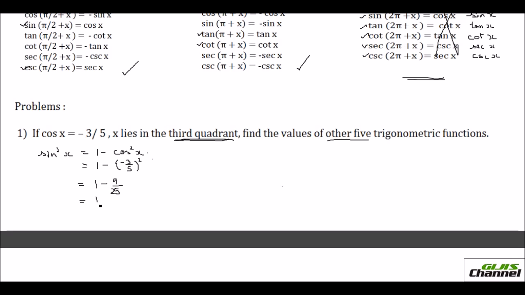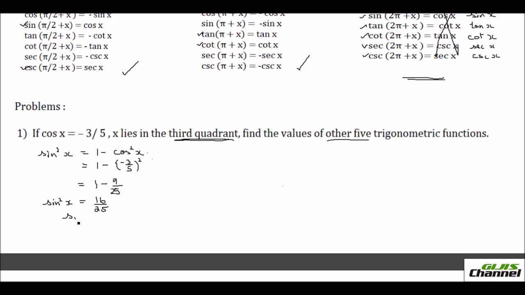So when you do the fraction, it is 16 over 25. So you get your sine square x as 16 over 25. So your sine x is equal to the square root of 16 over 25, which gives you 4 over 5. So sine is 4 over 5.